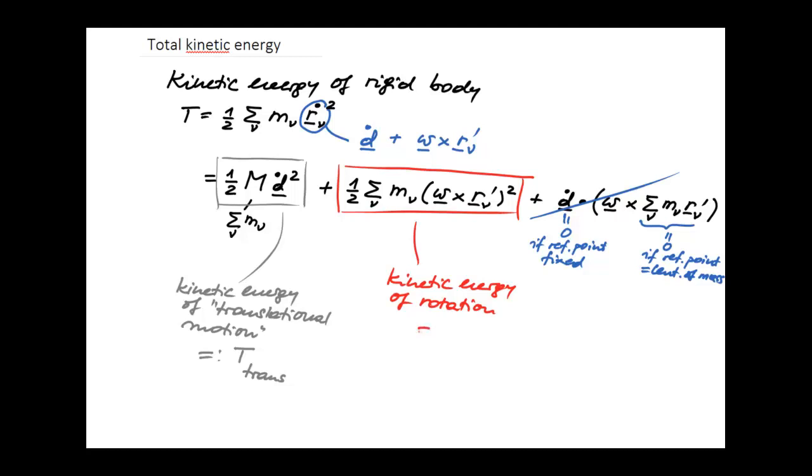And this is denoted by T rotational. This is the energy that we would like to focus on. On the next page, and that's the last page for today, I would like to show you a very simple expression for the rotational kinetic energy.